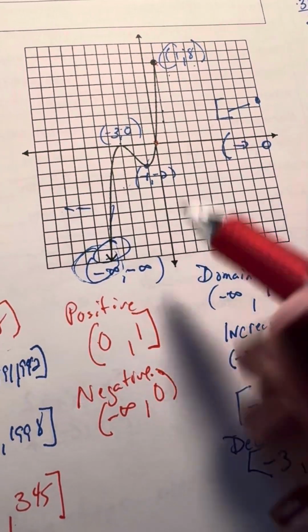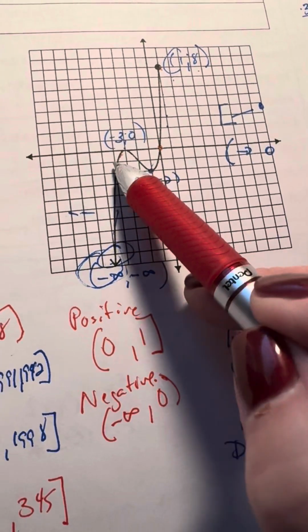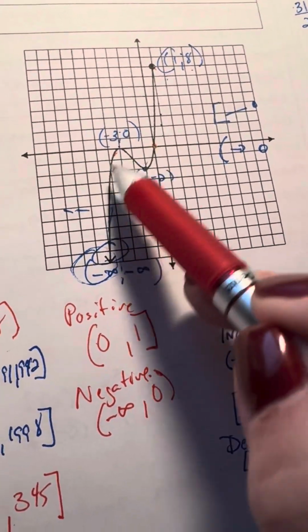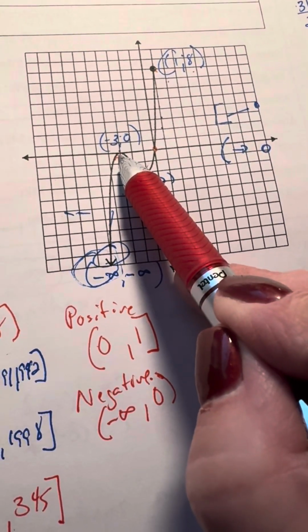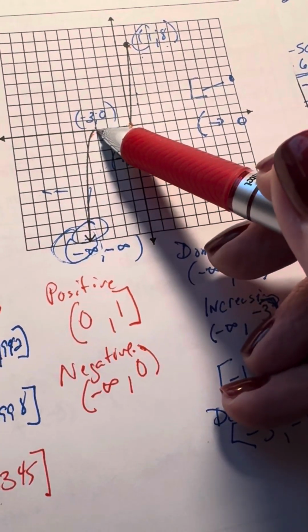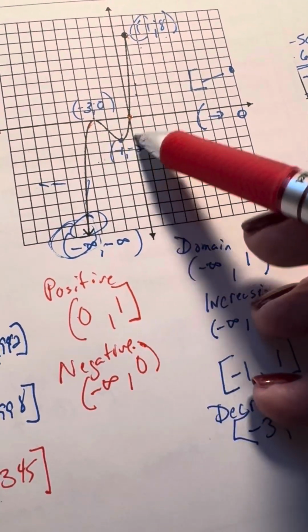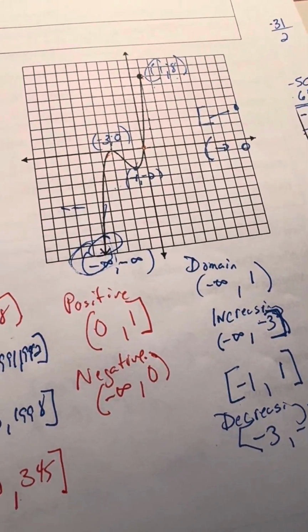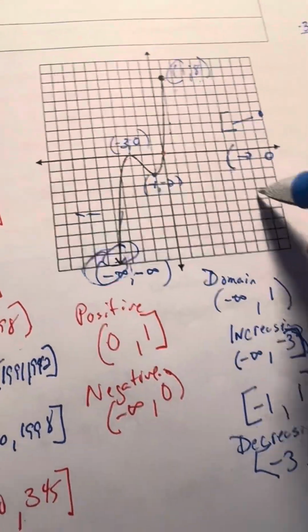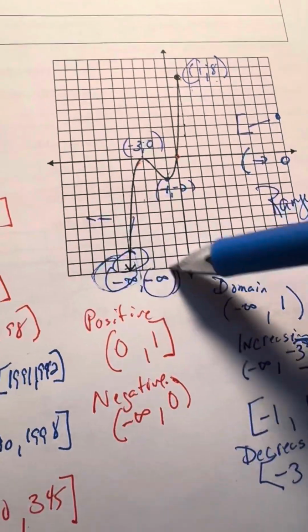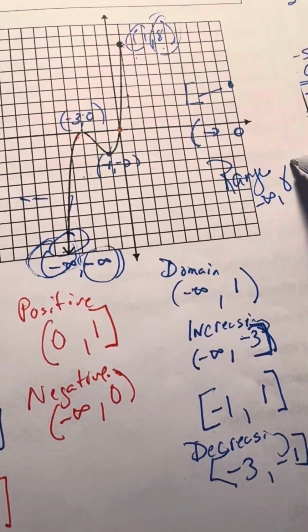Those of you who have parents who understand this actually should be two separate sections, because right here it's not negative or positive, it's 0. So technically you should say from -infinity to -3 and from -1 to 0. But we're not going to be that picky just yet, okay? Then the only one that would use the y is the range, which would be from y is -infinity to 8.